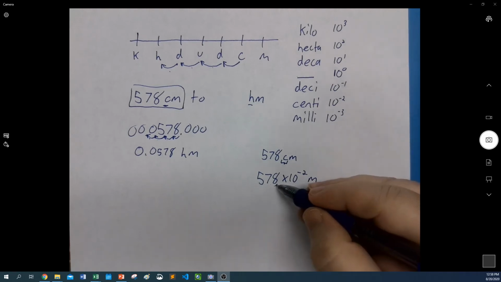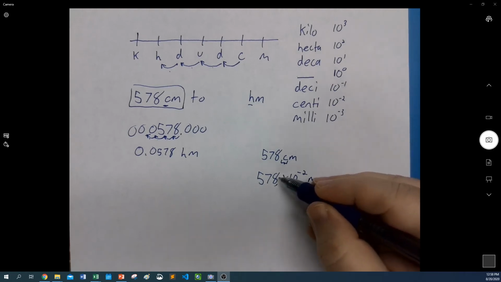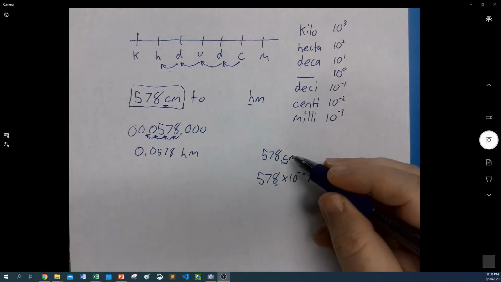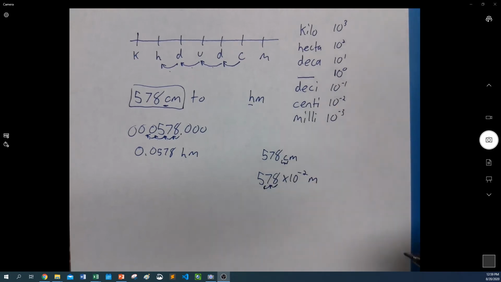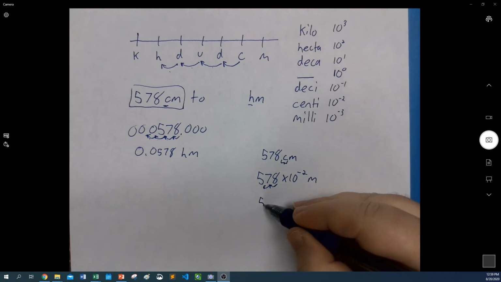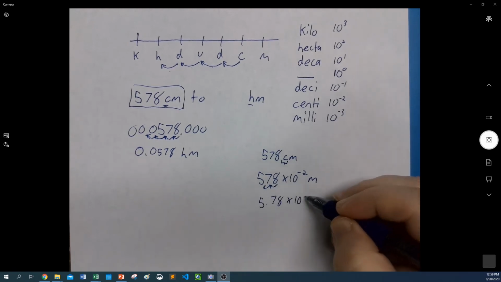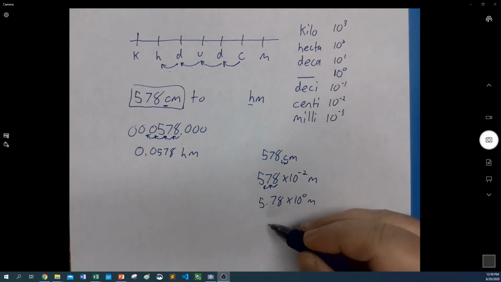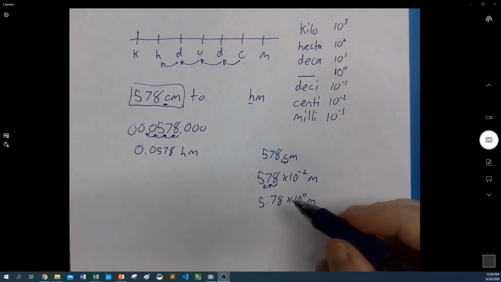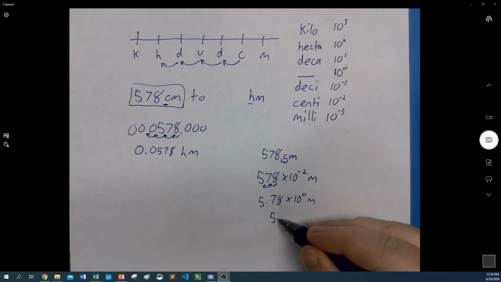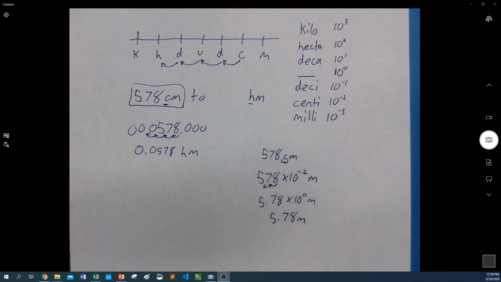Let's see how best to explain that. I need to move over 1, 2. So that'd be 5.78 times 10, and I'm adding going to the left, so that'd be 10 to the 0 meters. Fixing up scientific notation. And then if I wanted to convert to hecta, once I get into my base unit, that's the equivalent of 5.78 meters.